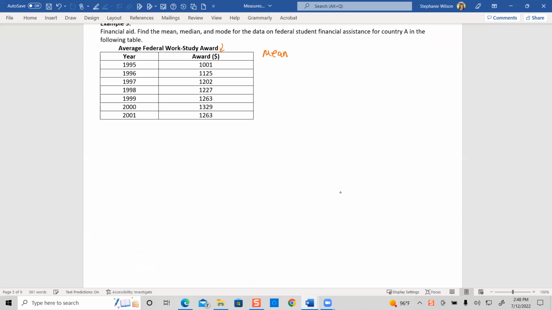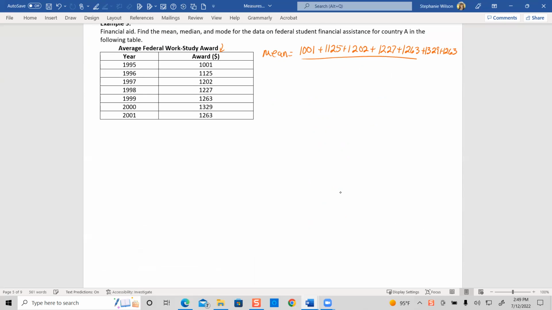To find the mean, we know that we're going to take the sum of all of these and add them up. So 1,001 plus 1,125 plus 1,202 plus 1,227 plus 1,263 plus 1,329 plus 1,263.